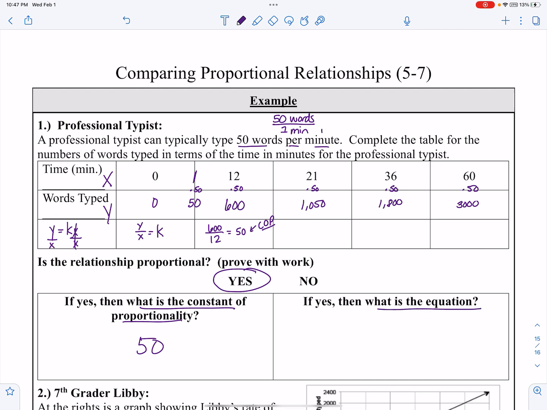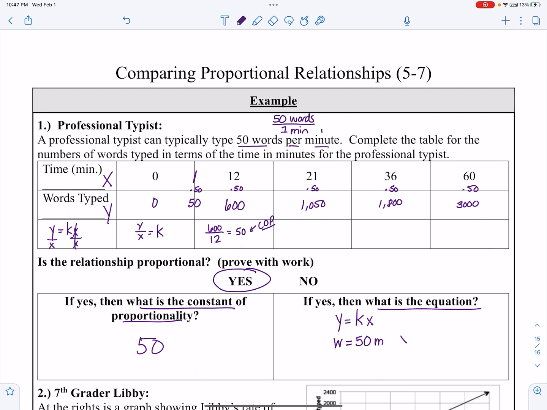It says, what is the equation? Remember, our equation for a proportional equation is Y equals K times X. For this one specifically, Y is words typed, so we could do W. The constant of proportionality is 50, and X is minutes or time, so we could do M or T. What they want you to do is show an equation with proper variables that fit that word problem.